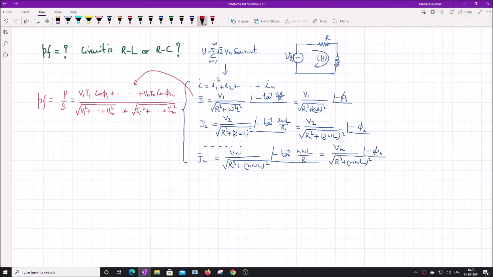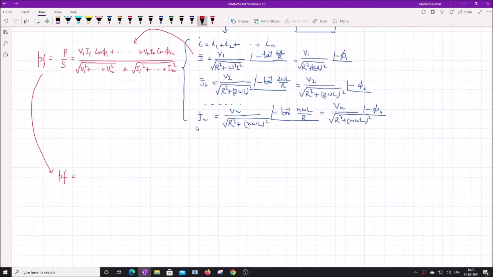We will take it here, but it needs a little more space. So I will write the power factor equal to V1, where I1 is V1 by the square root of R squared plus (ωL) squared.